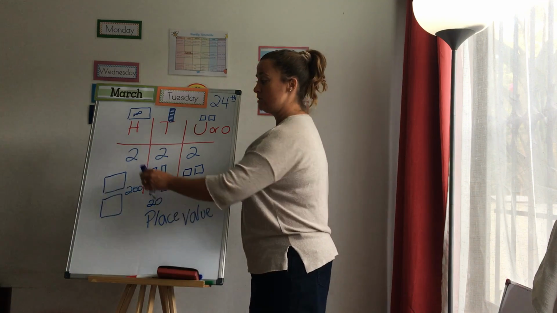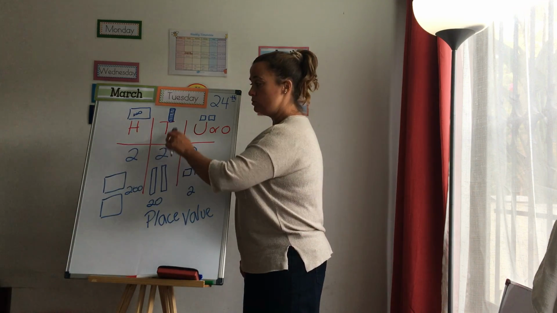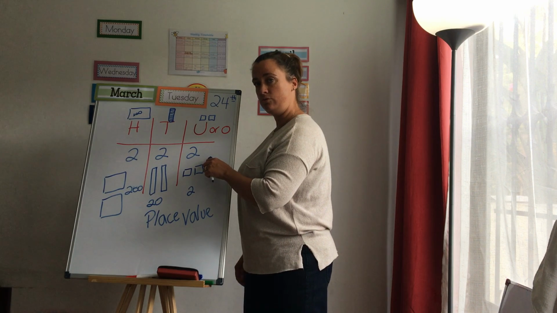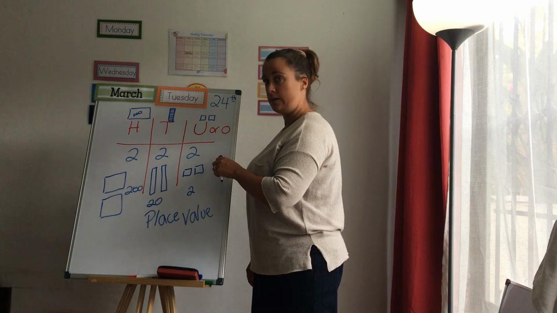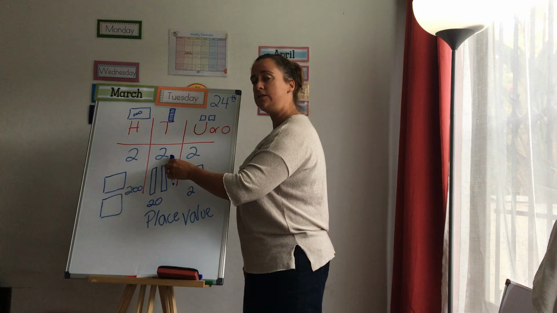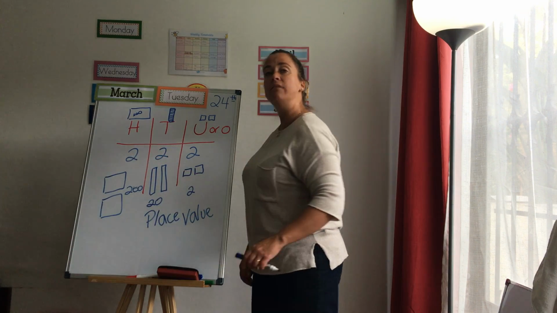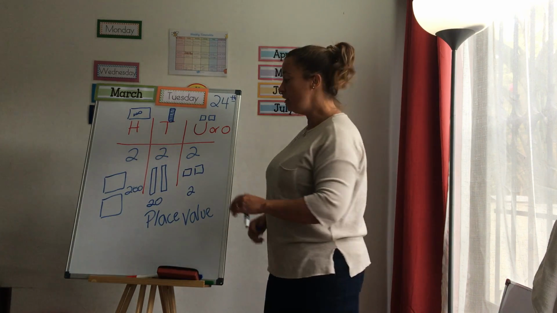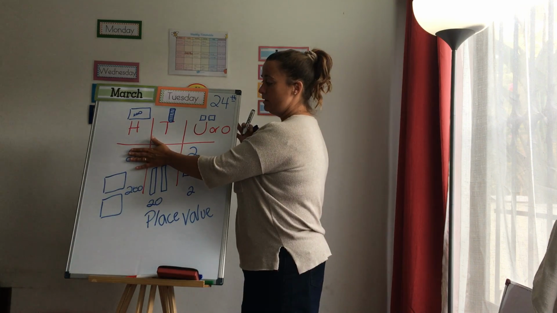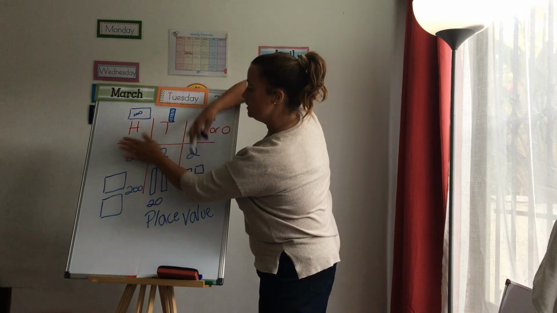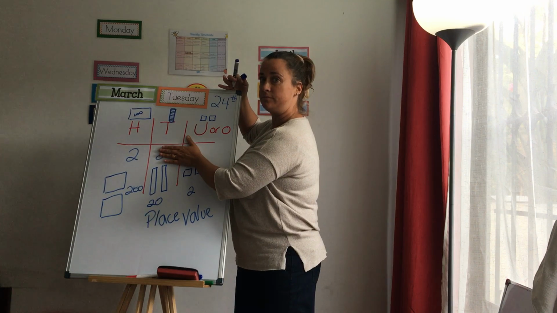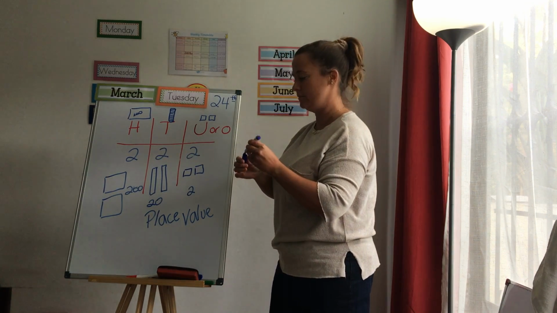So my number is 222. That doesn't mean that this 2 and this 2 and this 2 have the same value. If not, there would be 3 different numbers. They would be individual numbers.